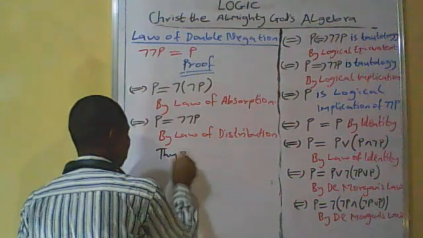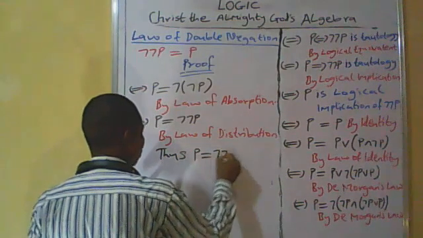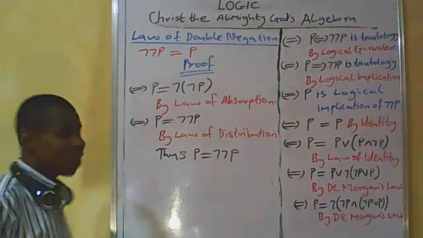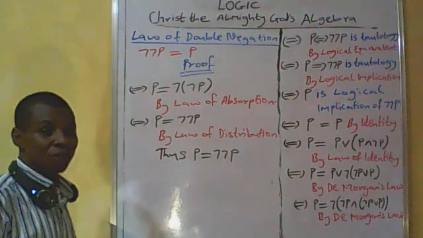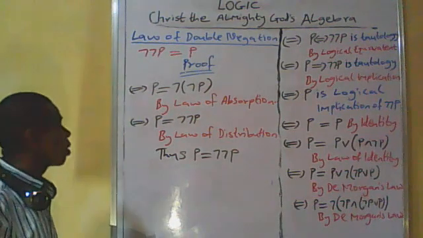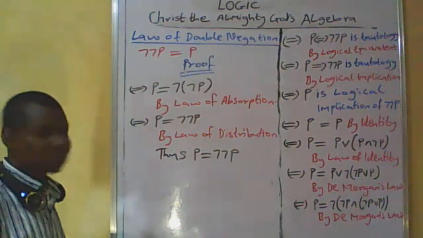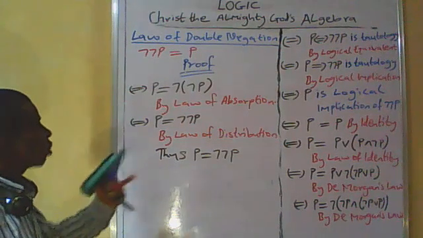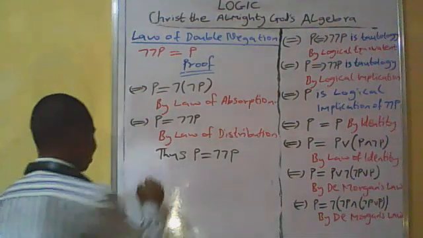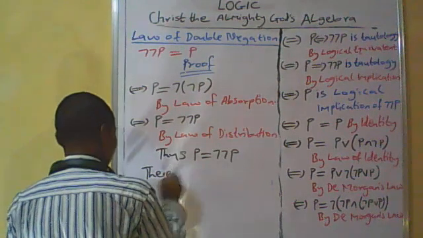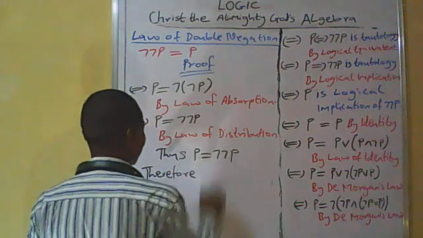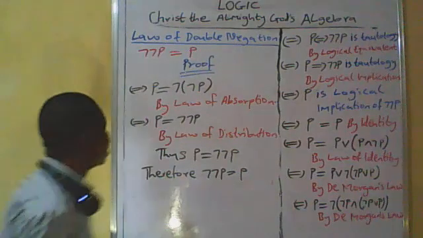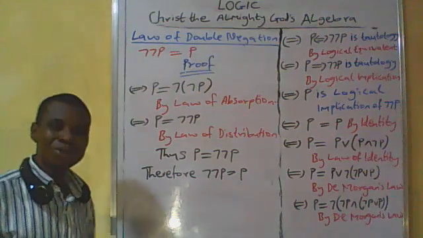Thus P is equal to not P. Now having proved the converse, we then conclude, therefore by the principle of extensionality, not P is equal to P is the law of double negation.